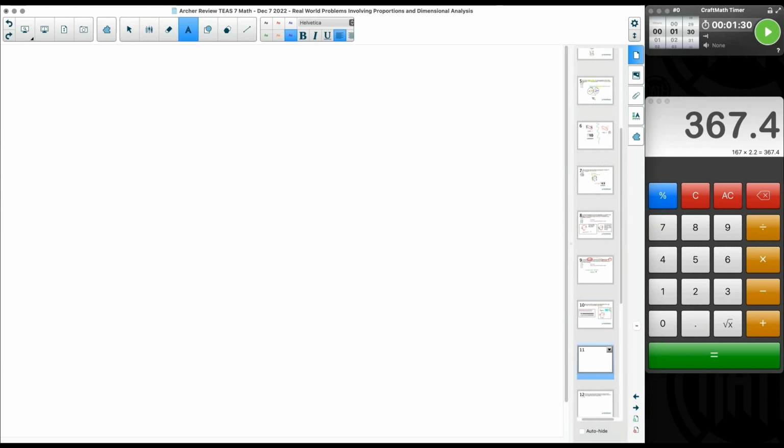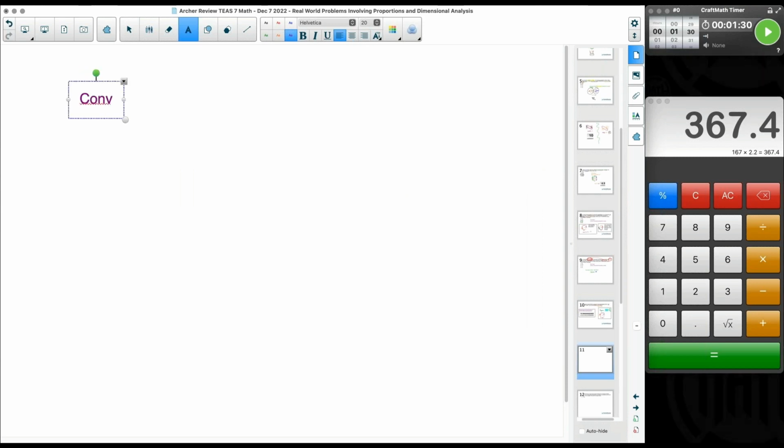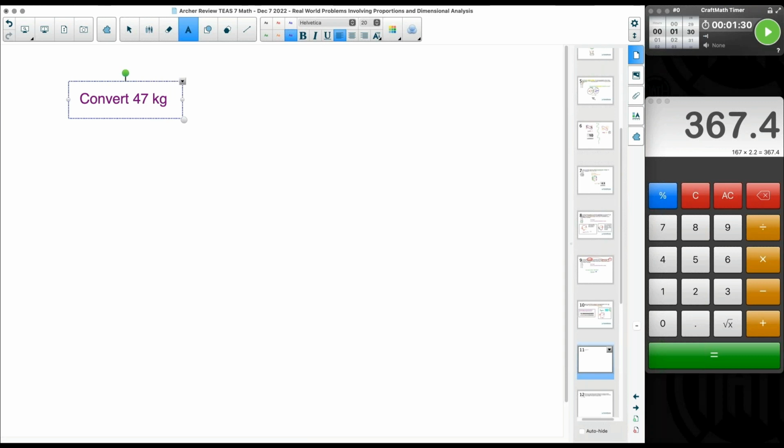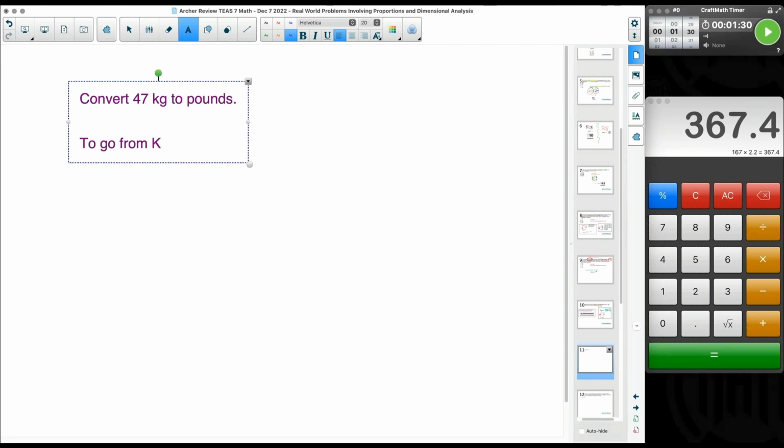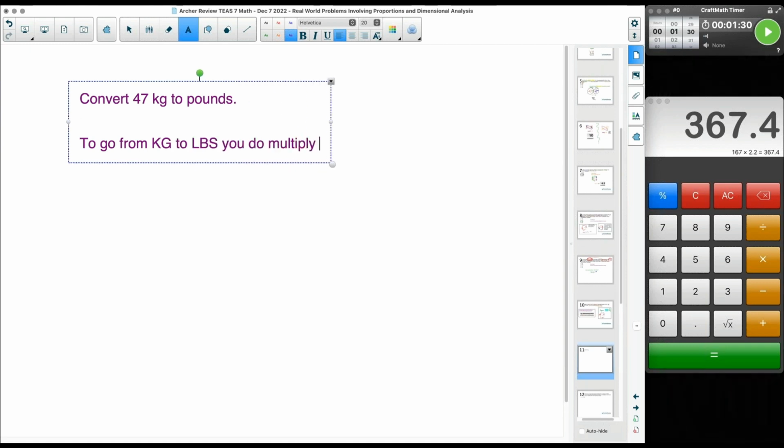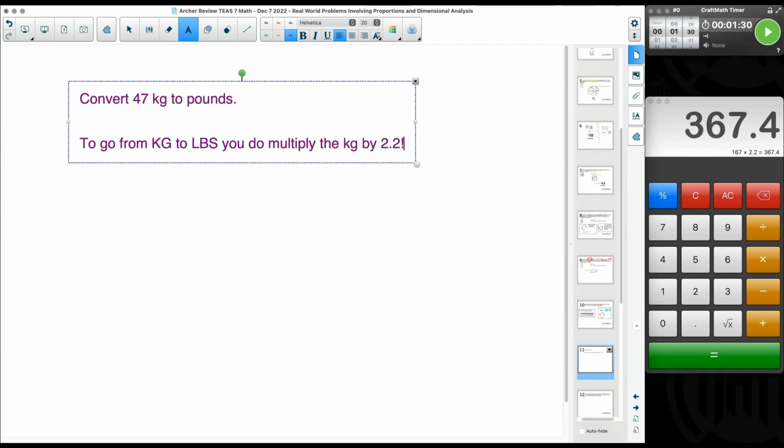So when would we multiply by 2.2? Convert 47 kilograms to pounds. To go from kg to pounds, you do multiply the kg by 2.2. That's when you would multiply by 2.2, when you're going from kilograms to pounds.